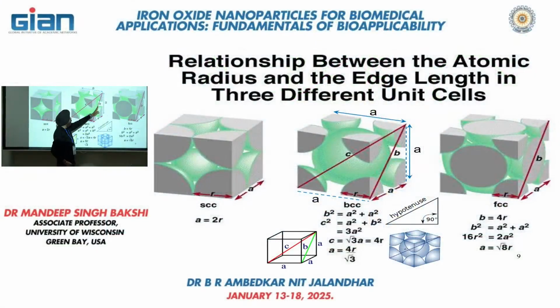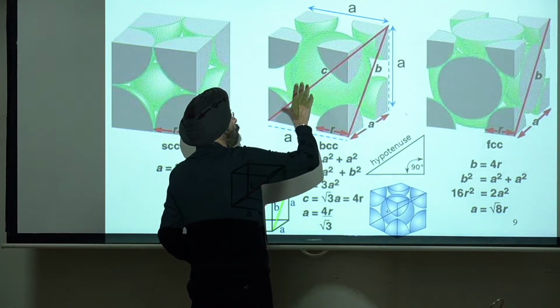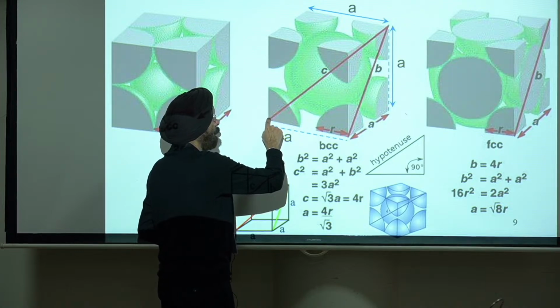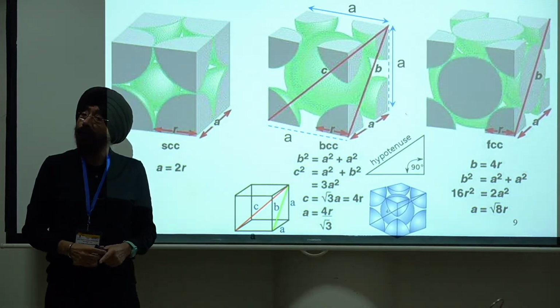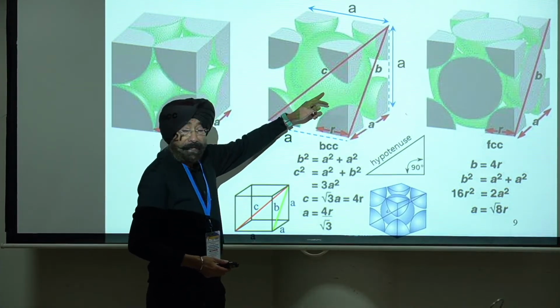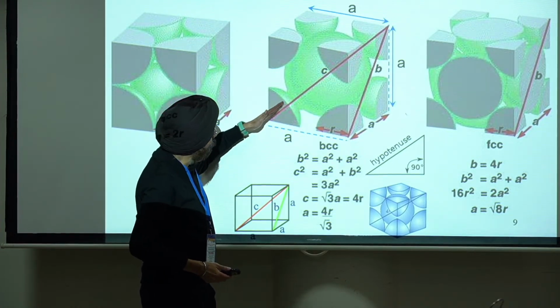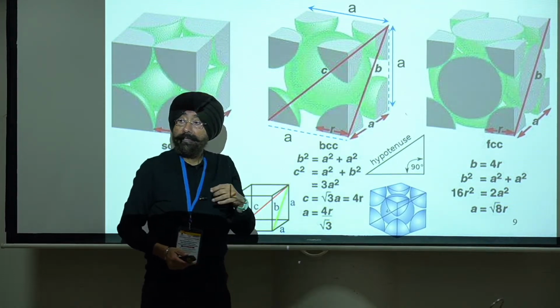This is the side of the triangle, but the hypotenuse in this case is running from this corner, not to this corner, because both corners are on one side of the face. This line is running from this corner exactly to the diagonally opposite corner. So it is running through the central atom, the atom which is in the center, reaching the other opposite corner, right?